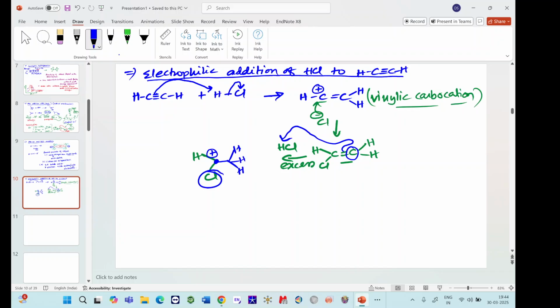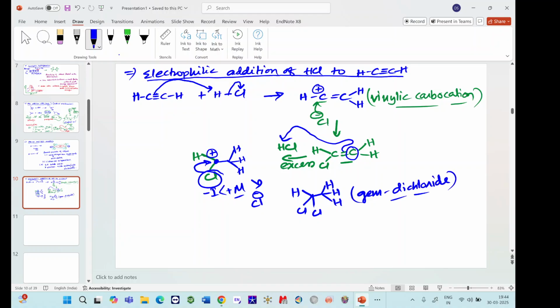Why? Because Cl has minus I effect, and that is much lower compared to the plus M effect. Okay, it can also give via resonance. So that is the way it can stabilize the carbocation. So in the next step, Cl minus will come again, and you will have a geminal dihalide, Cl, Cl, and H. So this is called gem dichloride.